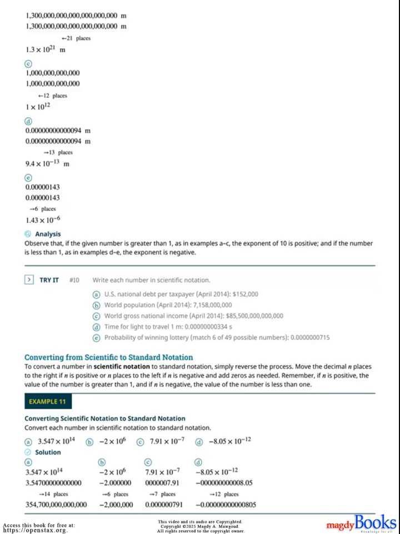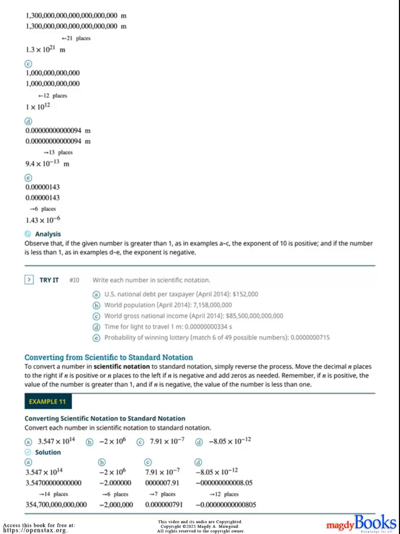Try it number 10. Write each number in scientific notation. A. U.S. national debt per taxpayer, April 2014, $152,000. B. World population, April 2014, 7,158,000,000. C. World gross national income, April 2014, $85,500,000,000.